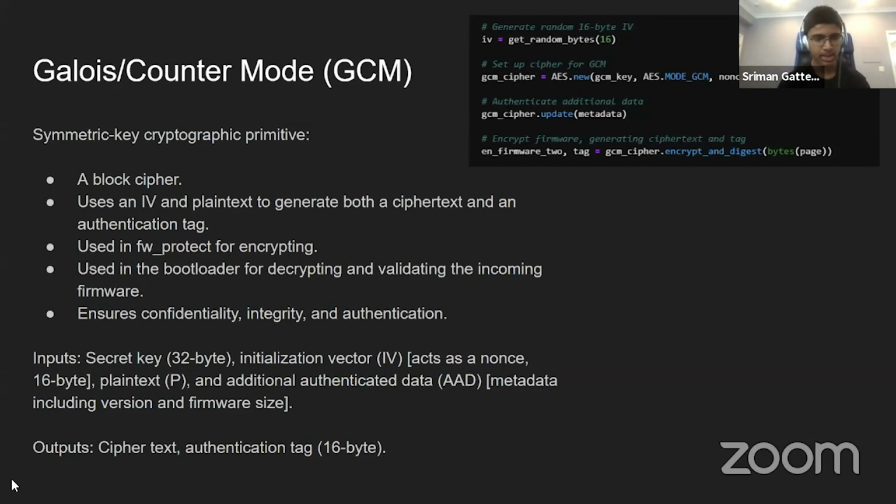We implemented GCM in our firmware protect tool for encryption, and we decrypted in the bootloader. This primitive ensured confidentiality, integrity, and authentication. As you can see below, those were our inputs and our outputs in the encryption.